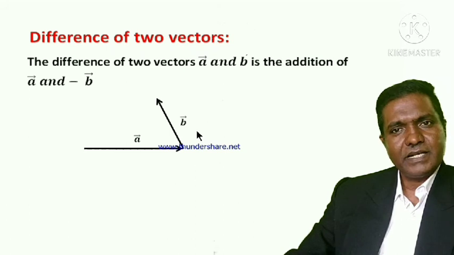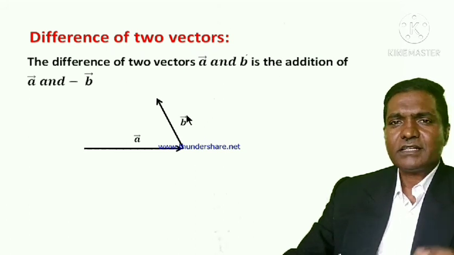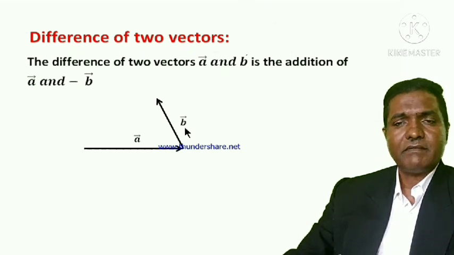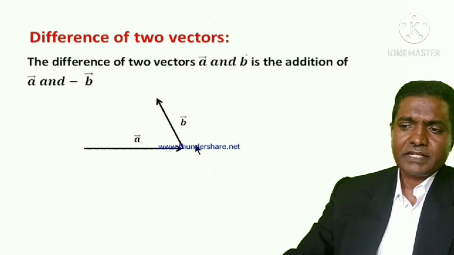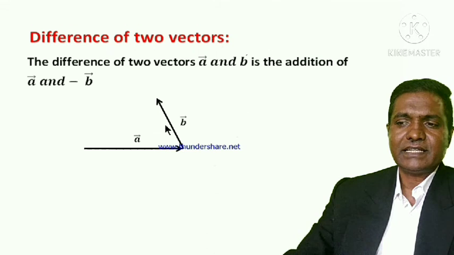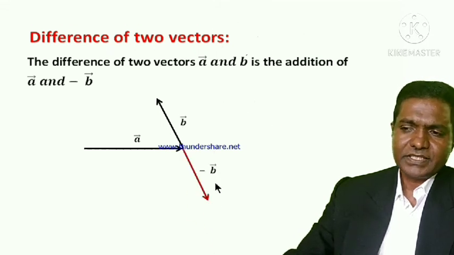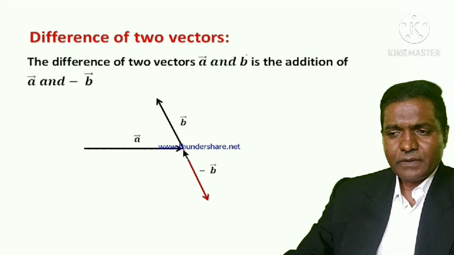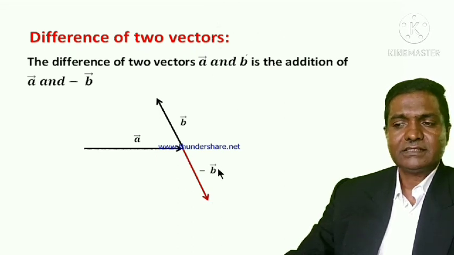As I explained earlier, the negative of vector B is the vector in the opposite direction of vector B having the same magnitude. A vector of the same length in the opposite direction is called the minus B vector. So this is the minus B vector. From here to here, the black line is vector B, and the vector of the same length in its opposite direction is minus B.